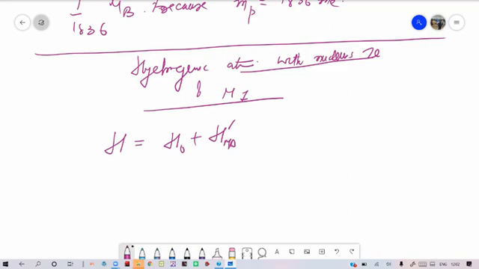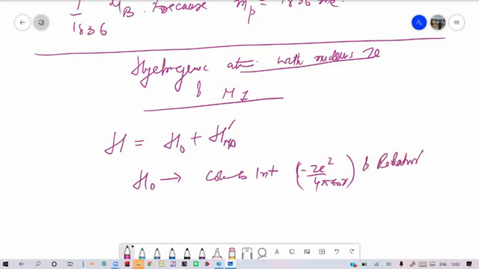Then this H0 is a zero order Hamiltonian, the unperturbed Hamiltonian. It includes the Coulomb interaction, that is minus Z e square divided by 4 pi epsilon naught r, and the relativistic fine structure corrections, as we already discussed, relativistic plus spin orbit and all that.